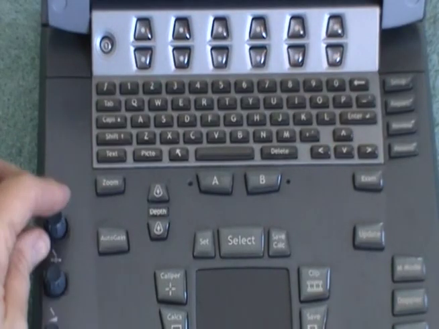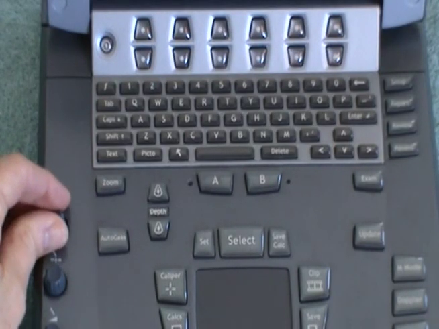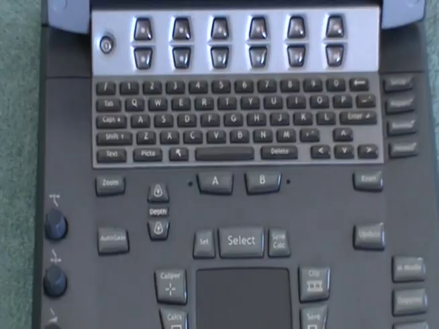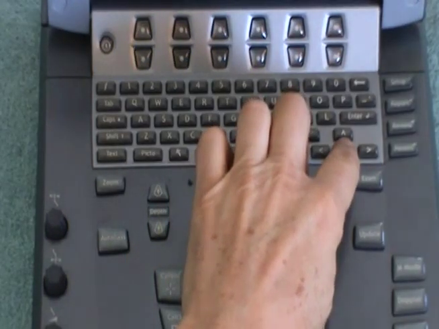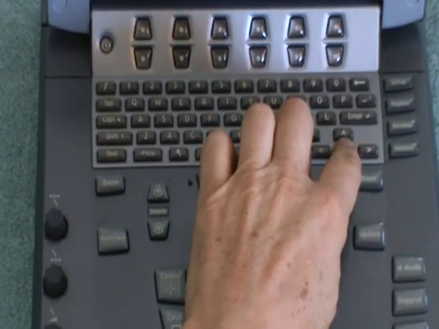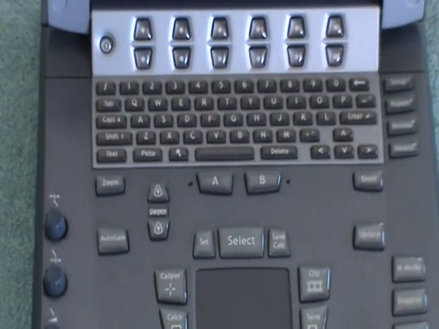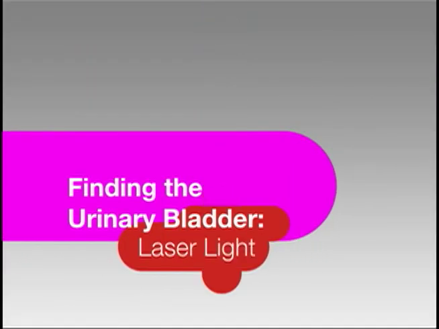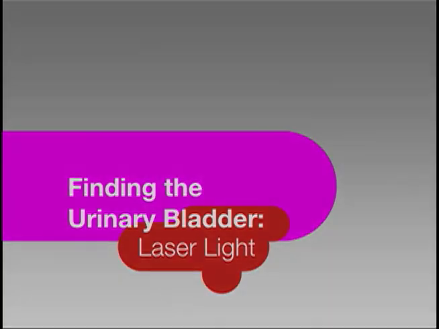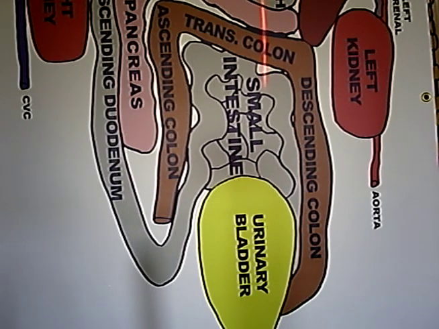After examining the left adrenal, the urinary bladder and prostate are the next abdominal organs to examine during a general abdominal scan. In this video, the red laser light represents the ultrasound beam.